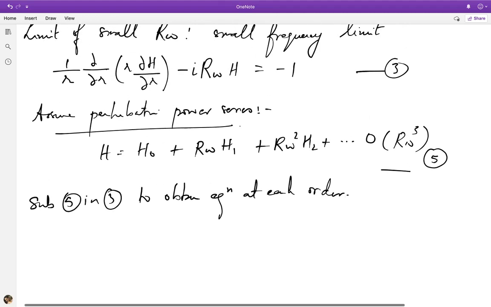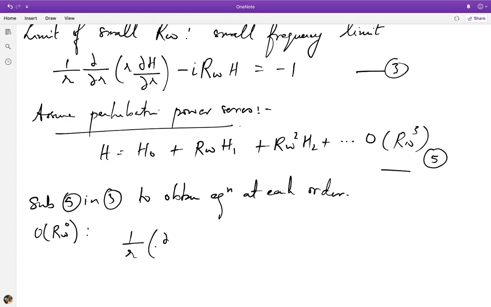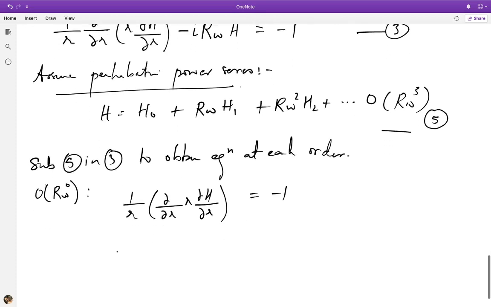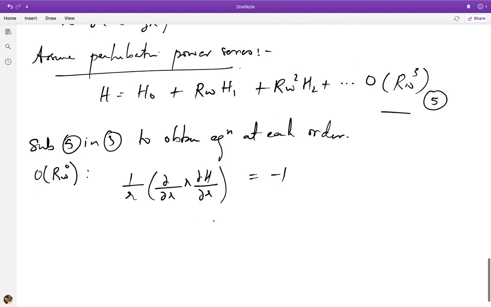The equation for H0, remember, is just the same as equation 3 if Rw are exactly 0. So the order Rw 0, the 0th order problem, equals minus 1. And now we can solve this actually really simply by just direct integration, right, because this is a nested function.